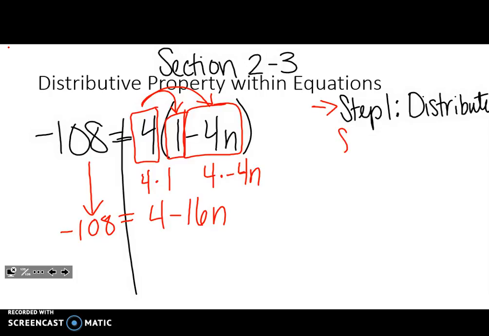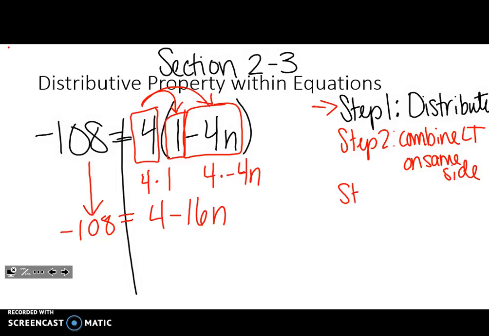Now, if we had anything to combine, like terms on the same side, we would do that next. But in this math problem, there's nothing to combine, so I'm going to keep going through the steps.